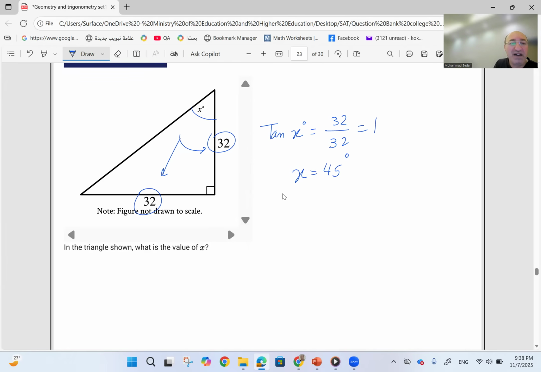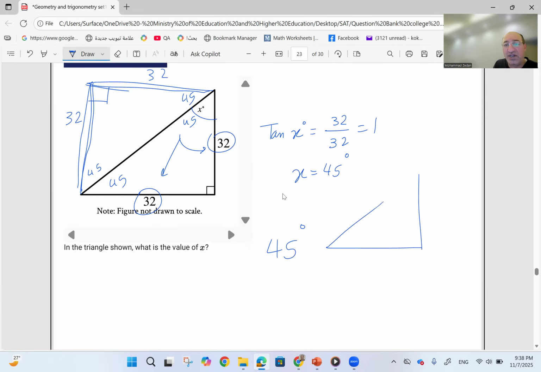This is half of a square. The full figure is a square. If you draw the other one, this is 32, 32. These are really 45 and 45, and this is 90. So the answer is 45 degrees.